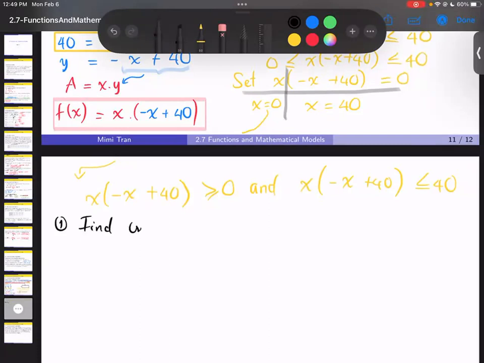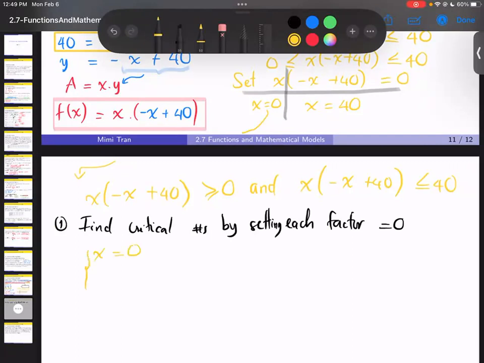Find critical numbers by setting each factor equal to 0. So I have x equals 0, negative x plus 40 equals 0. So I have x equals 0, and x equals 40.